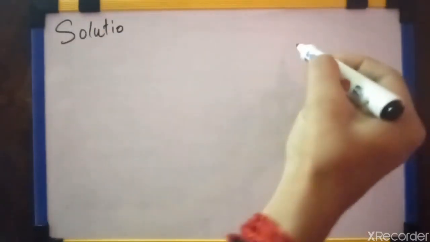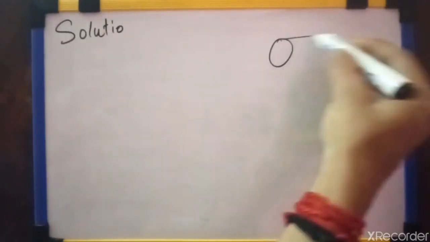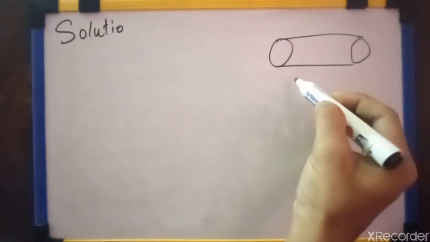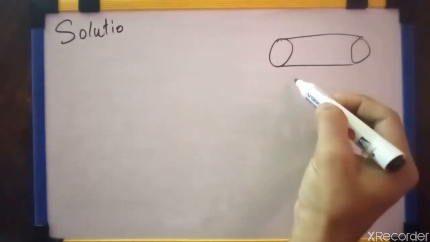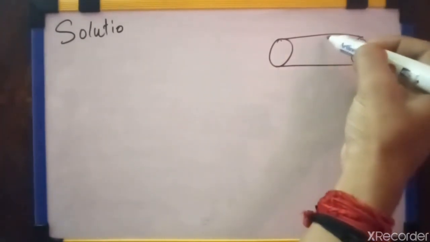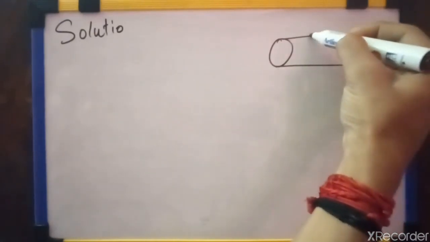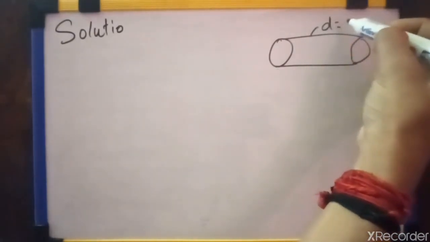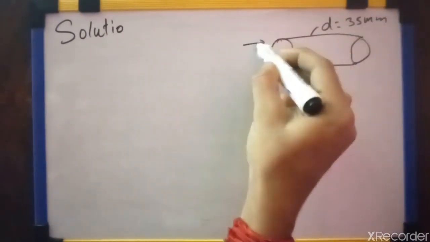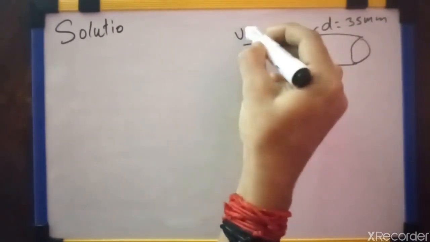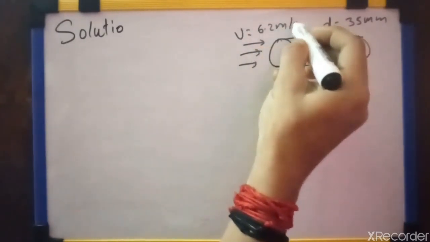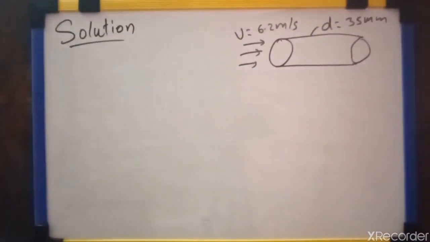First of all, draw the diagram. This is a tube, and its diameter is given as D is equal to 35 mm and the velocity is given as V is equal to 6.2 meter per second.